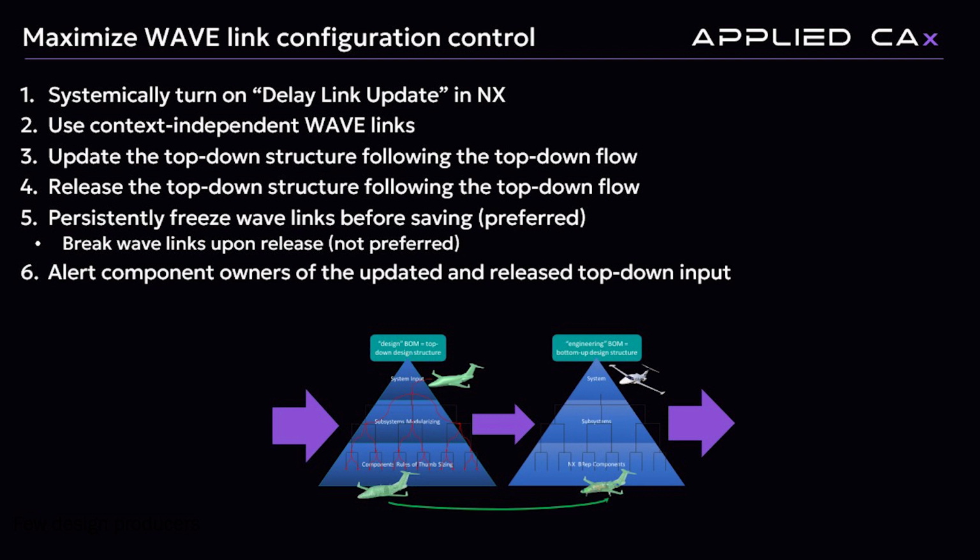There's still some information that can remain when you break, because it's looking at the history, whereas persistently freeze is supposed to turn off any method it has of looking at the history of that wavelink and where it came from. That's an option we can guide you on, or if you look up that functionality in the documentation, it'll show you where that's at.